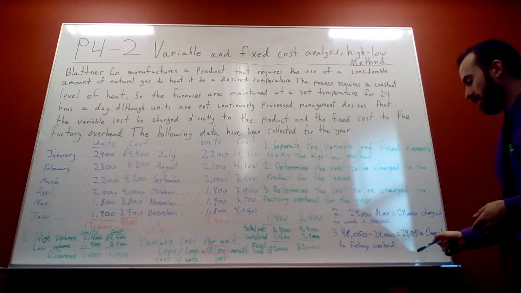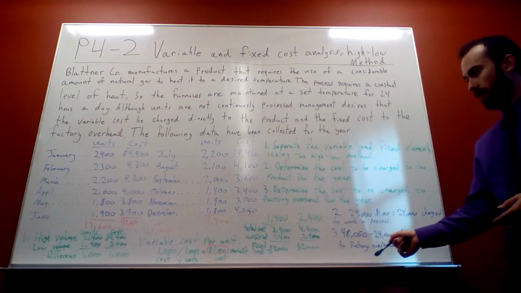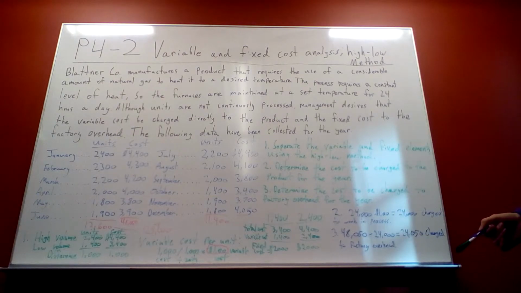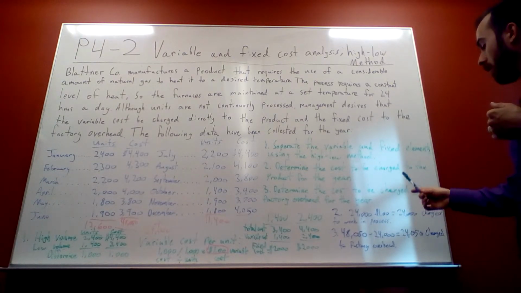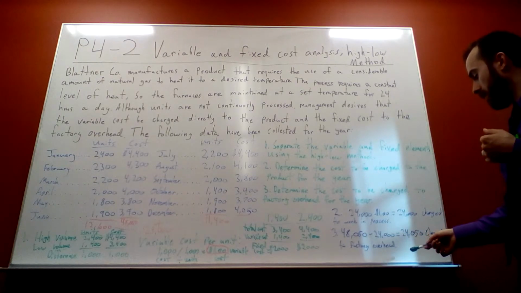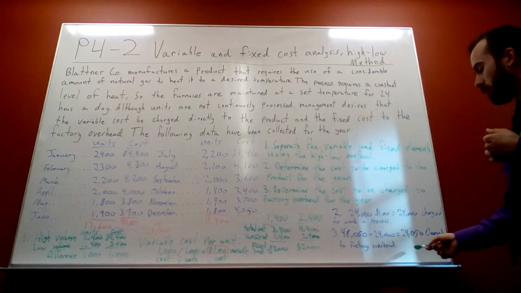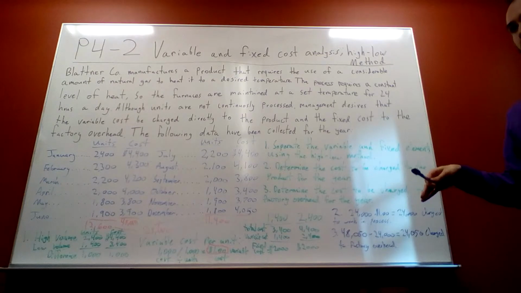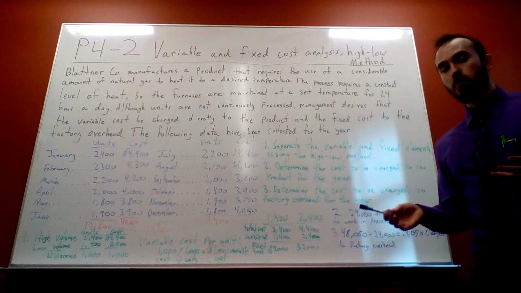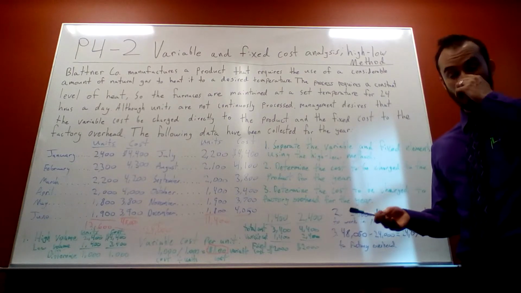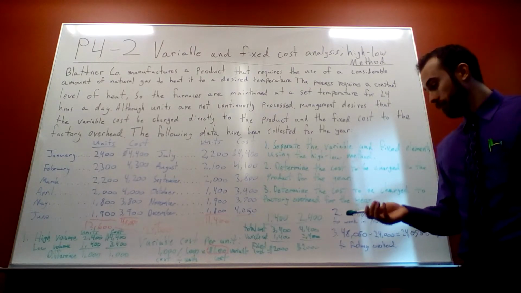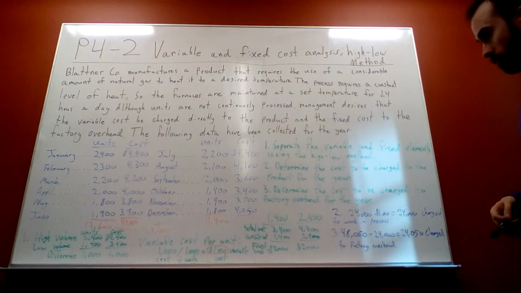I'll charge that to overhead, because that's pretty much the fixed cost. Every month is $2,000, and so that's the fixed. So $24,050 will be charged to the overhead, because it's not part of the product. That's just the cost that's going to happen to keep the factory going every month. And so, that's it.